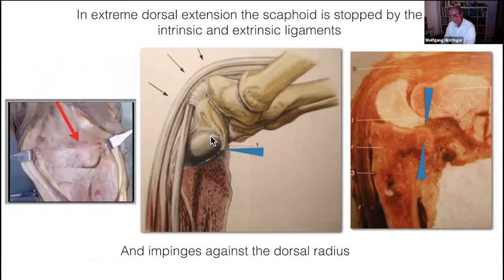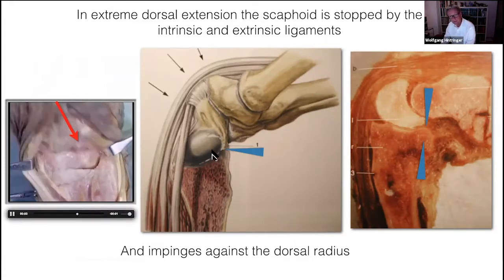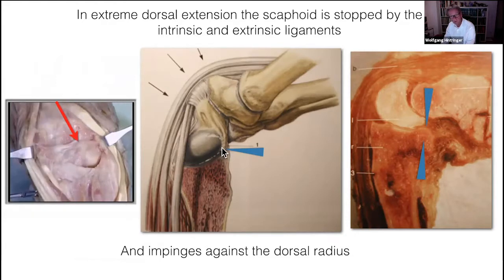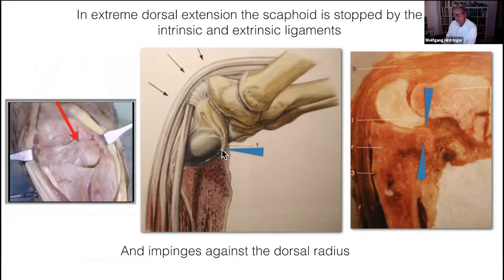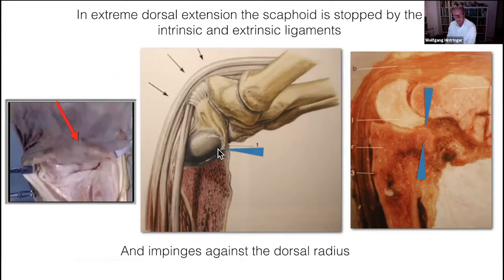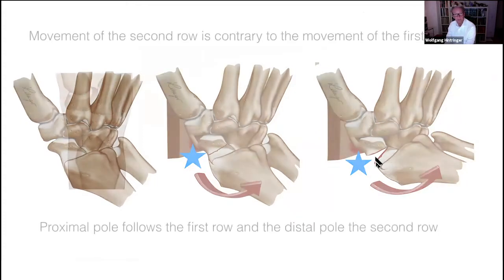If the ligament resists the tension, you get a radius fracture, or you get SL ligament disruption, or, depending on the forces and the direction, a scaphoid fracture. And you can see here clearly how the dorsal impaction produces this scaphoid fracture on the volar side.